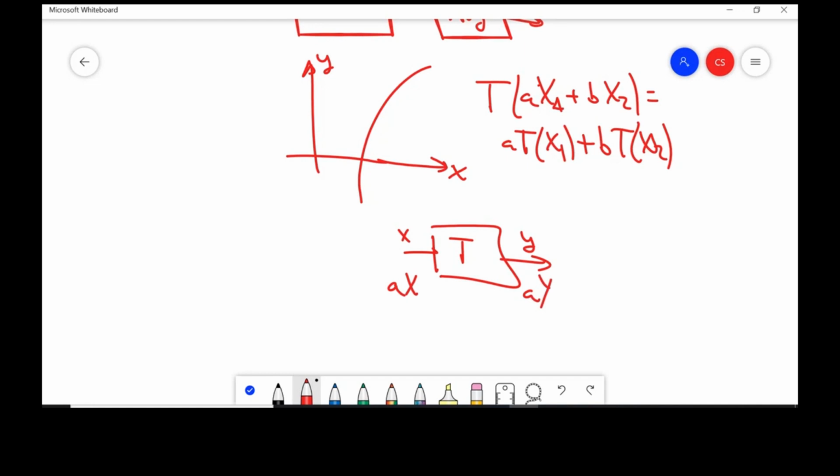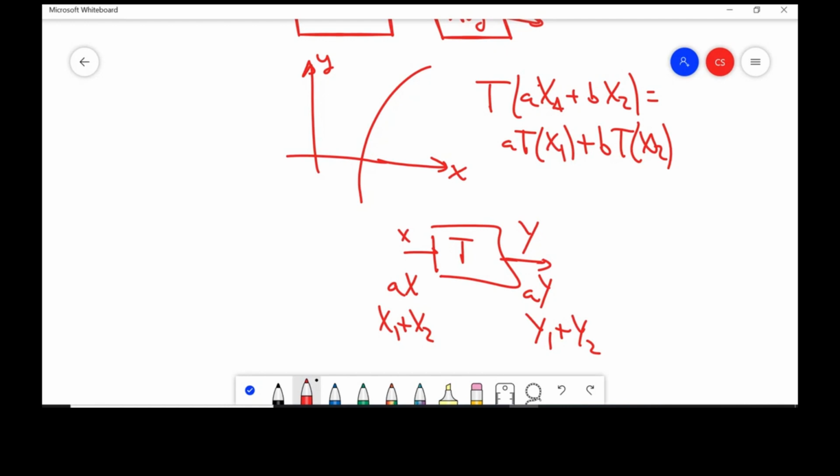I should use capital letters. The other one is that if I put the addition of two input signals, then what I have at the end is the addition of the two output signals. So a system is linear if these two properties are fulfilled, or in general, if this one is fulfilled.